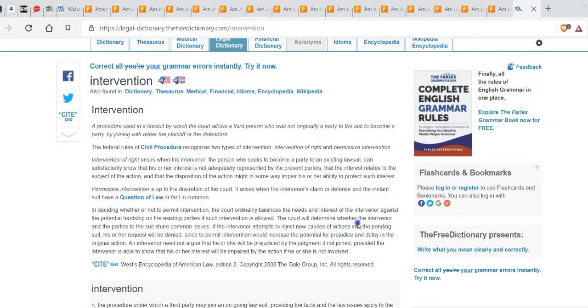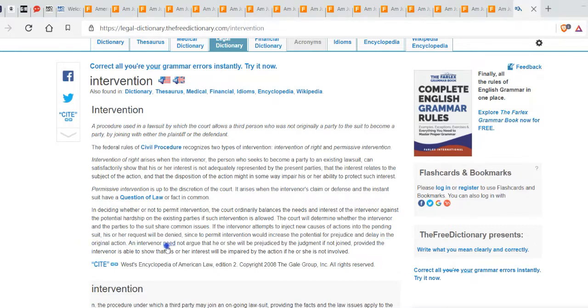The court will determine whether the intervener and the parties to the suit share common issues. I think we do. If the intervener attempts to inject new causes of action into the pending suit, his or her request will be denied, since to permit intervention would increase the potential for prejudice and delay in the original action.